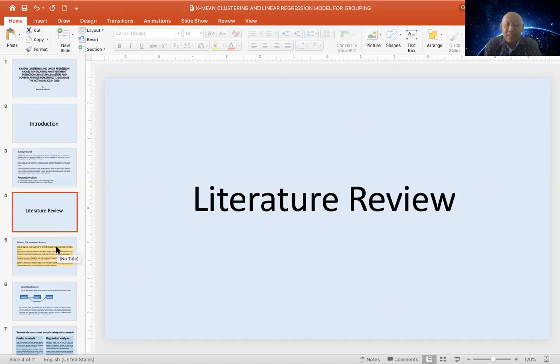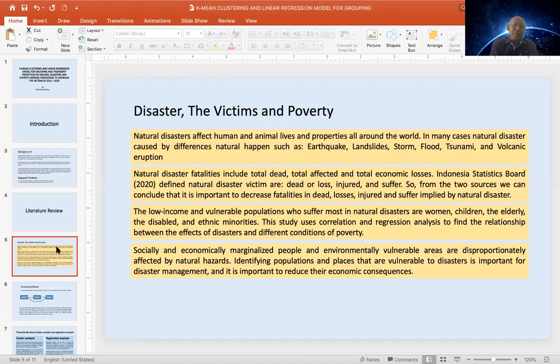Let's begin with the literature review. We have many literature reviews. The first is about disasters, victims, and poverty. Natural disasters affect human and animal lives and properties all around the world. In many cases, natural disasters are caused by natural differences, such as earthquakes, landslides, storms, floods, tsunamis, and volcanic eruptions.